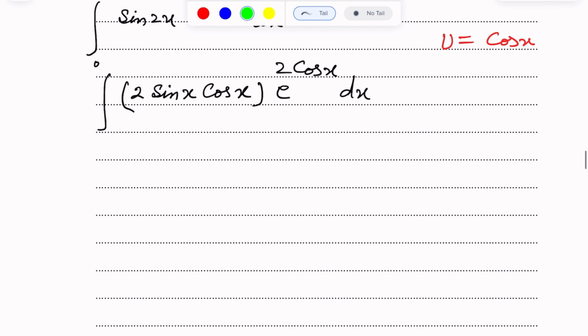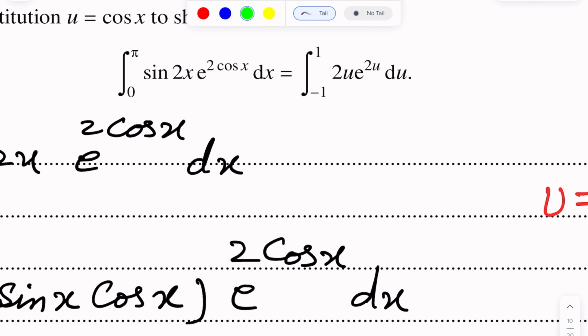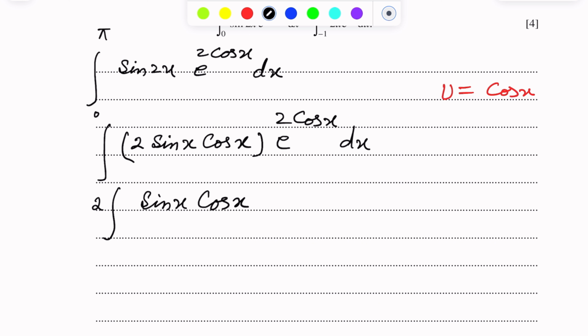Just now we will adjust these functions, so we may change all the trigonometric functions into u. We can write 2 outside the integration sign: 2 sin x cos x e power 2 cos x with respect to x.